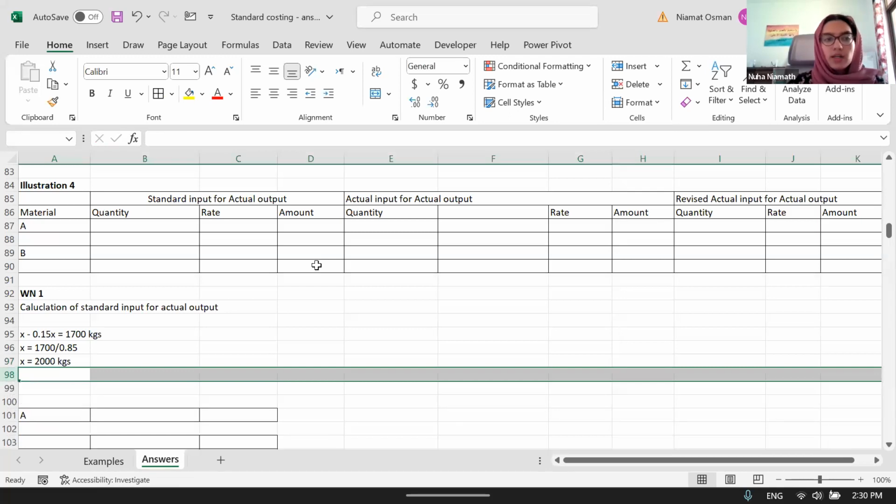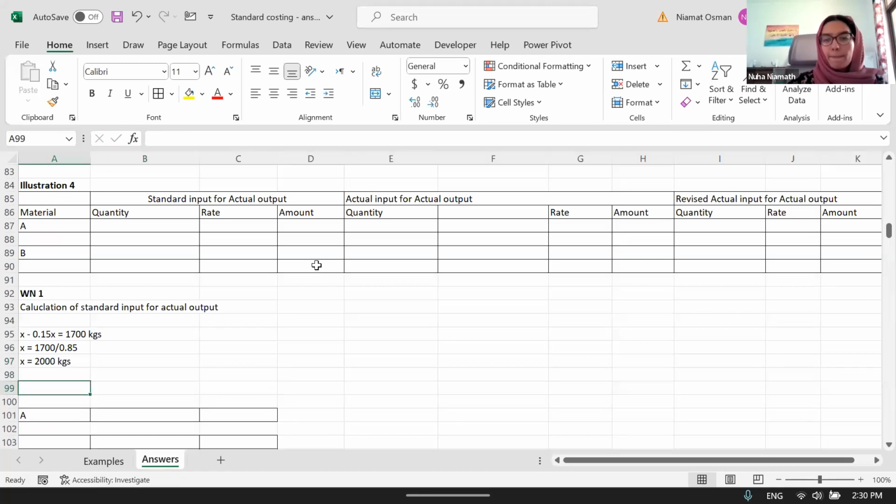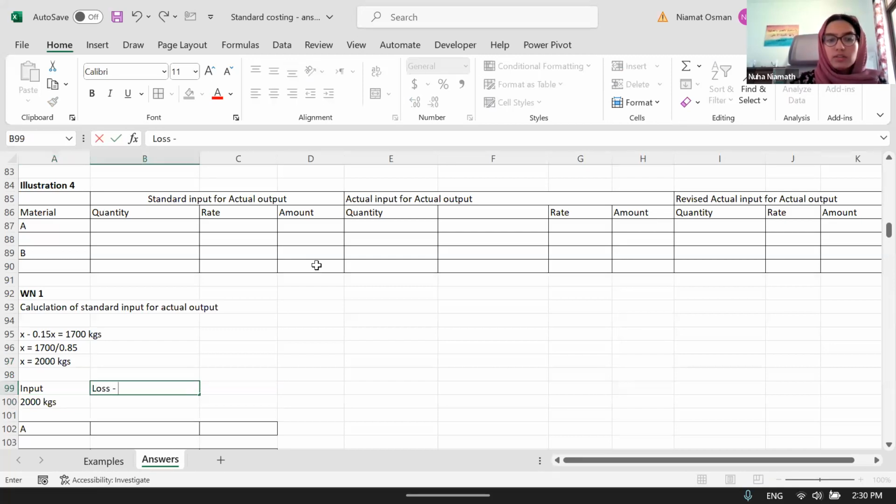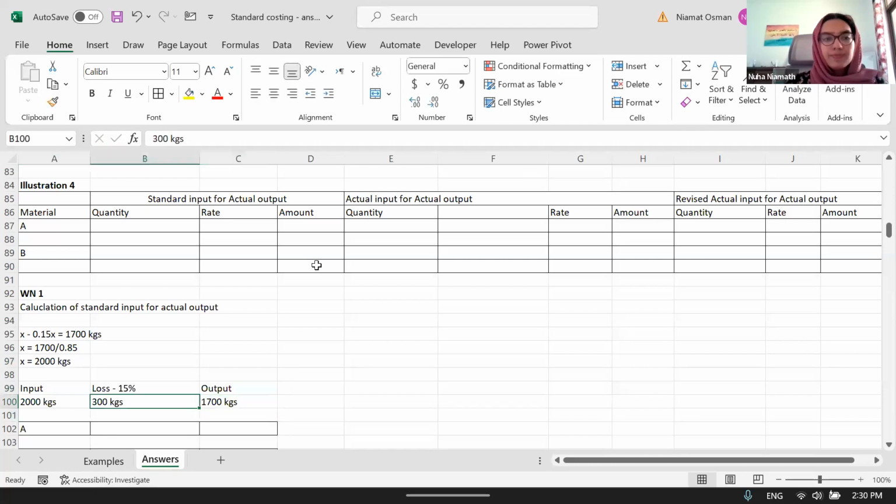So our input is 2000 kgs. There is a loss of 15%, which will give me 300 kgs. And then there is a total output of 1700 kg. All clear?